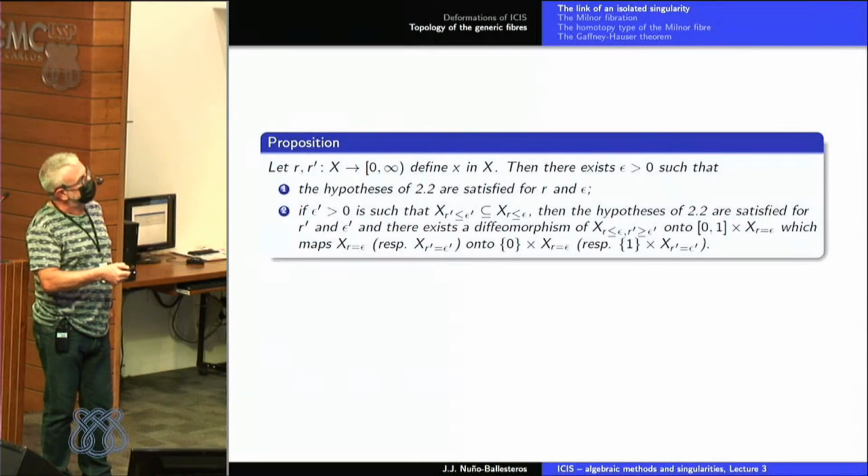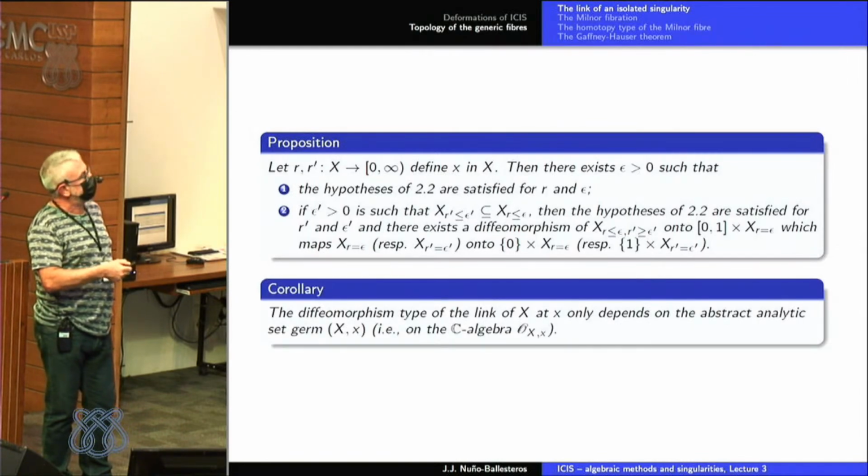This is the cylinder between r less than or equal to epsilon and r prime less than or equal to epsilon prime. So there is a diffeomorphism from this cylinder into this product. So this is the link times the interval 0, 1, which maps x sub r equal epsilon onto this x r equal epsilon times 0, and the other to x r prime equal epsilon prime times 1.